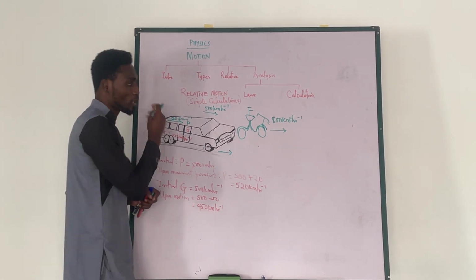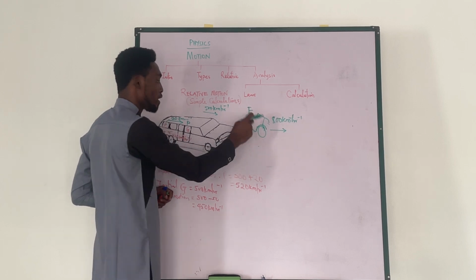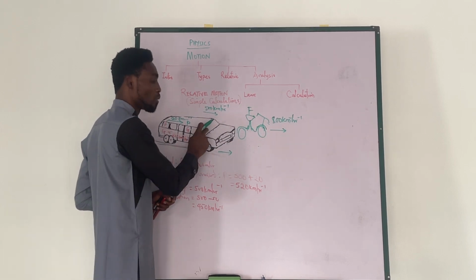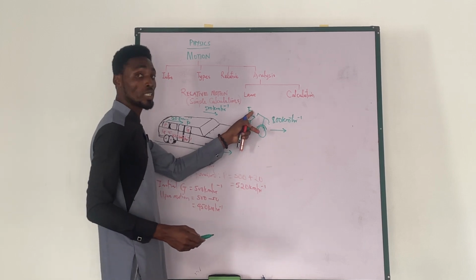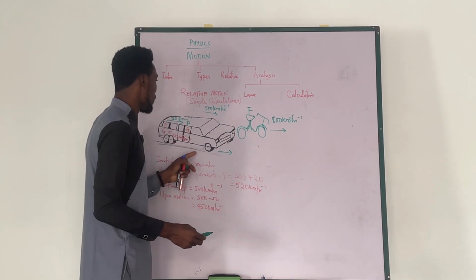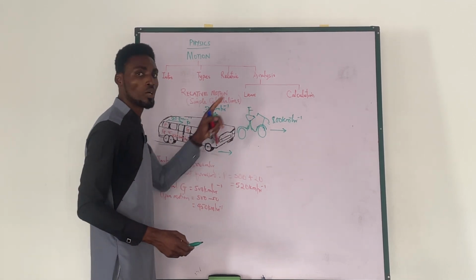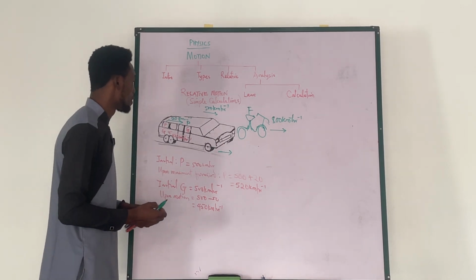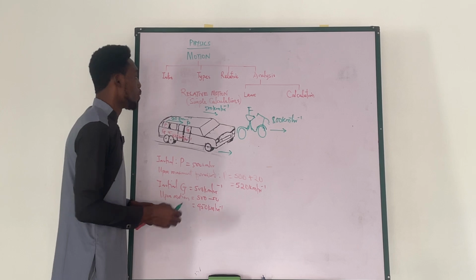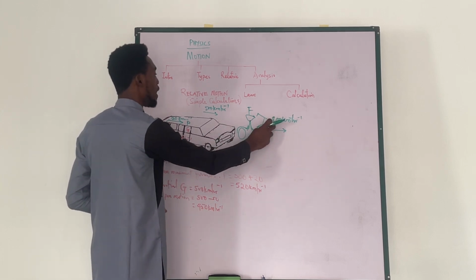So look at what I'm trying to say. This guy is a medium on his own, which is the bike. This is another medium, which is the vehicle. So if you put them together now, this guy is 800, this guy is 500. If you are comparing this guy with this guy, what will be the difference? We are going to have to subtract.